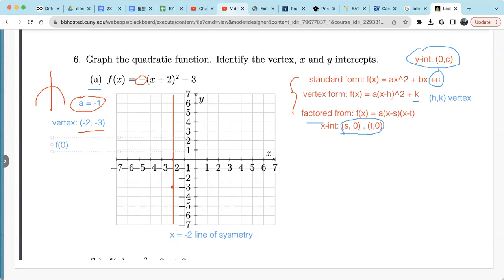The y-intercept in vertex form is not obvious, but let's calculate.